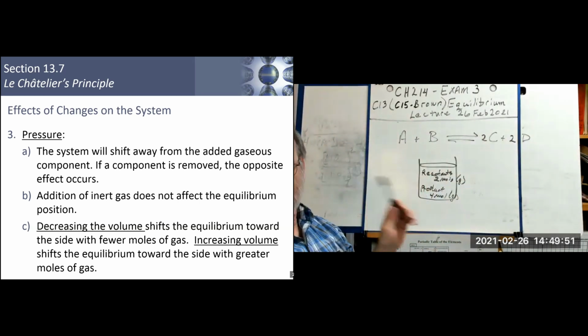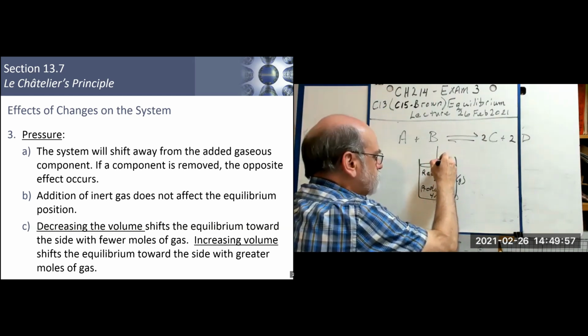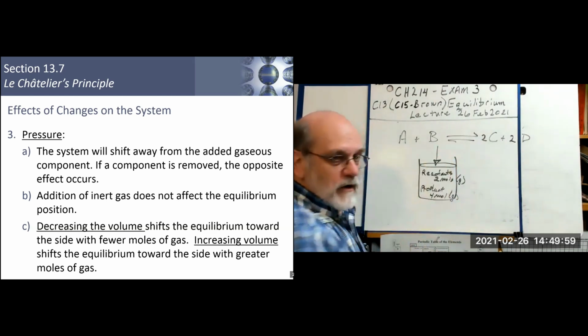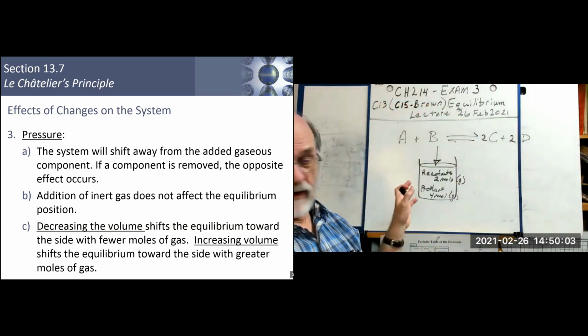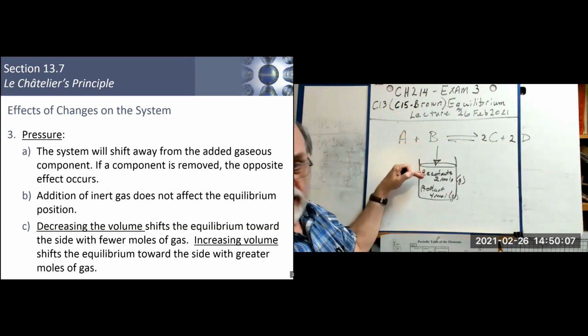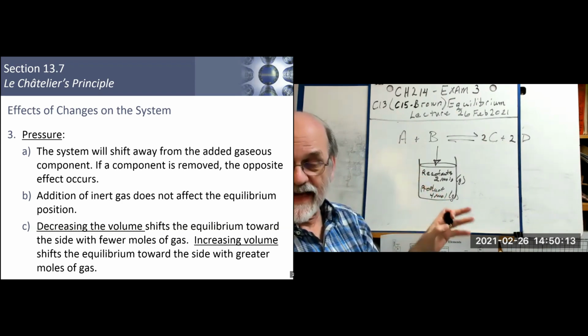Okay, now if you increase the pressure, which is going to do what? The system is at equilibrium. So if you increase the pressure, you're going to squeeze into a smaller volume, right? So how's the system going to alleviate that added pressure?